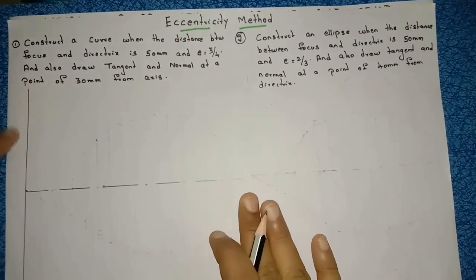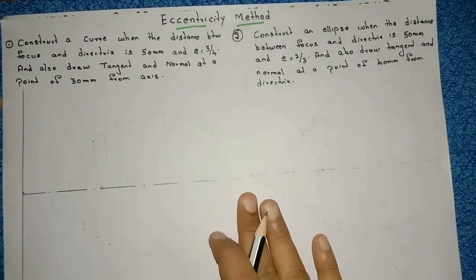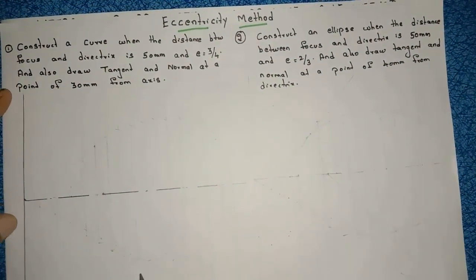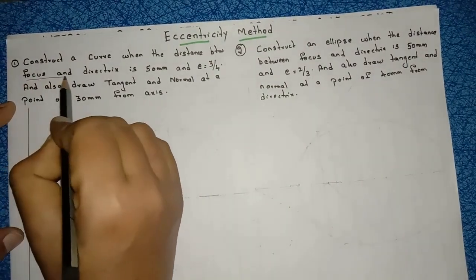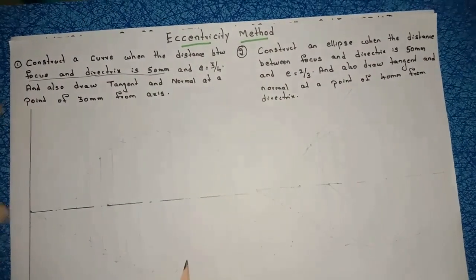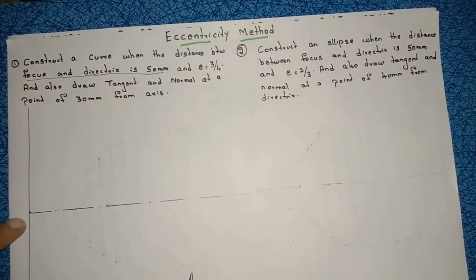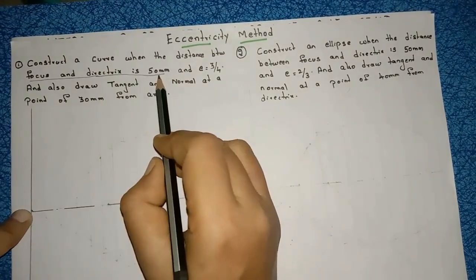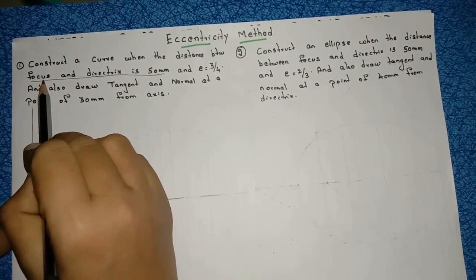Now after drawing the directrix line and the axis line, what is the question now? Coming to the question, the distance between focus and directrix is 50 mm. We know this is the directrix line. So from the directrix, mark a 50 mm distance in order to mark the focus point.